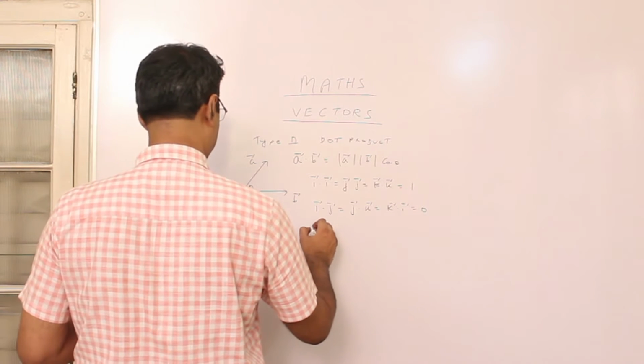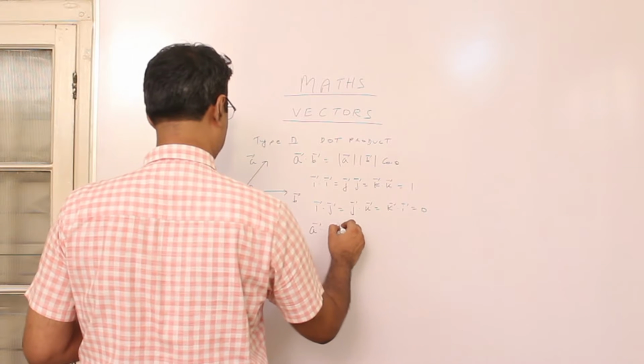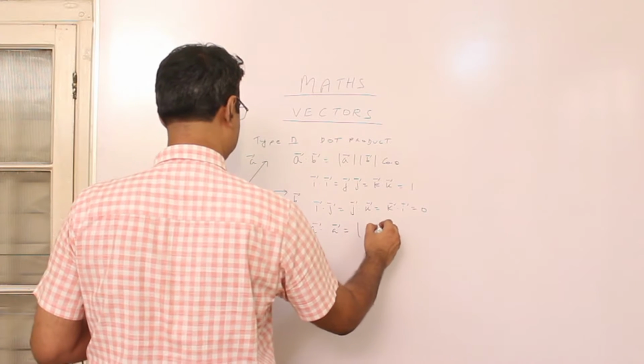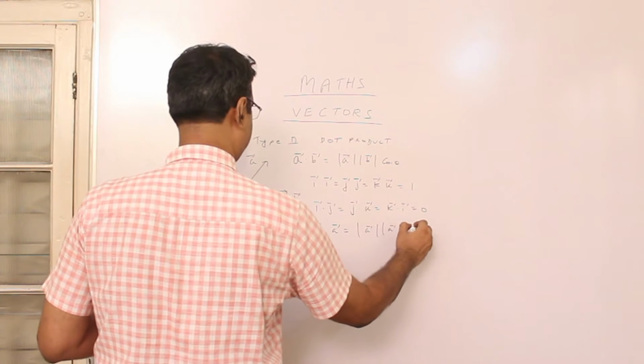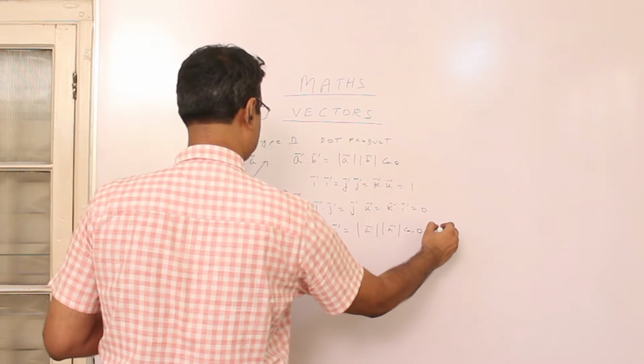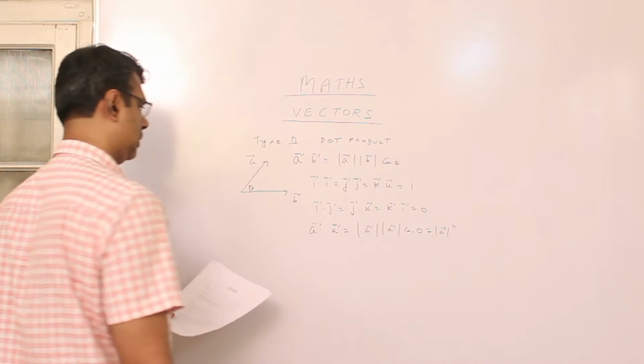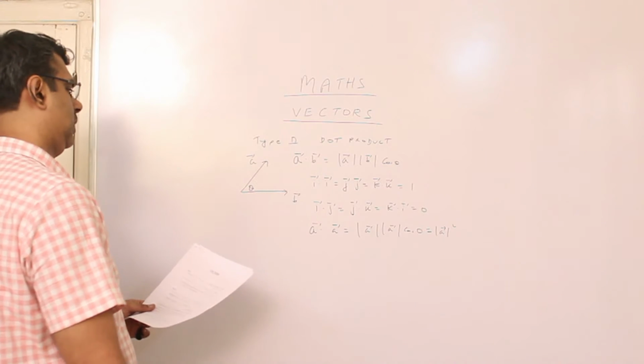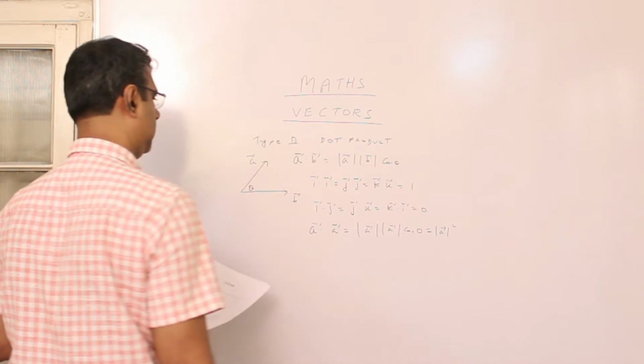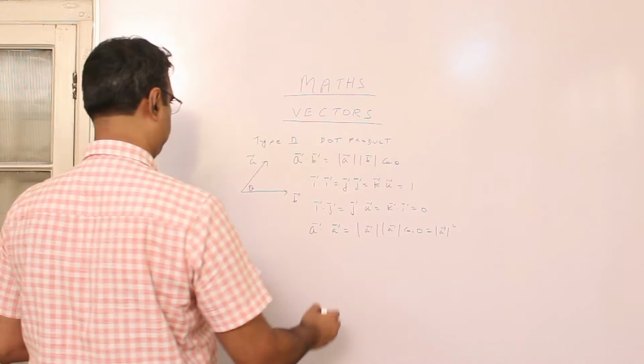Now, if you take any vector and do dot with itself, the answer will be modulus of A whole square. So A dot A will be equal to modulus of A whole square.